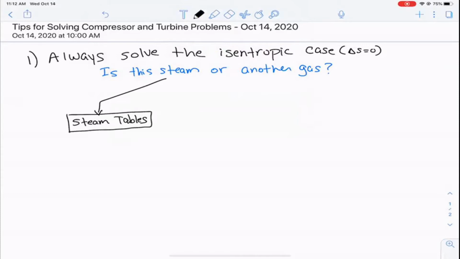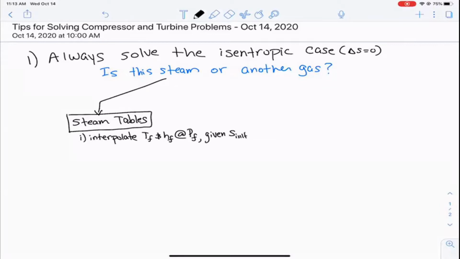And every time that we've had to solve for the isentropic case, we've essentially done very similar things. Within the steam tables, we essentially have to interpolate for the final temperature and the final enthalpy at the final pressure, given the initial conditions, so the initial entropy.